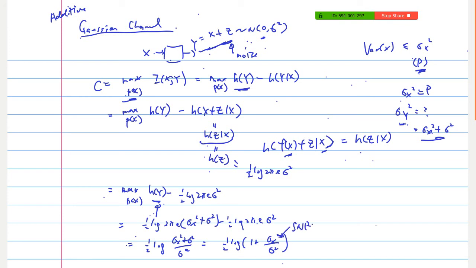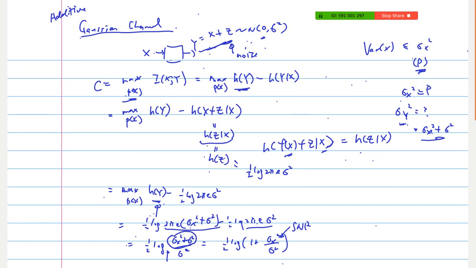And this is basically just the signal to noise ratio. You can cancel it: the 2 pi e cancels out, since it appears in both terms. So it's equal to this over this guy, and we cancel it directly.